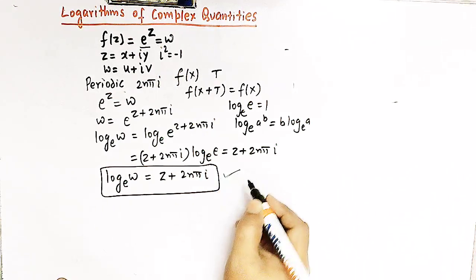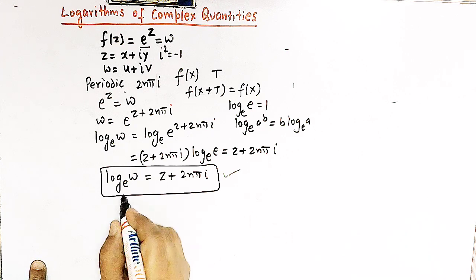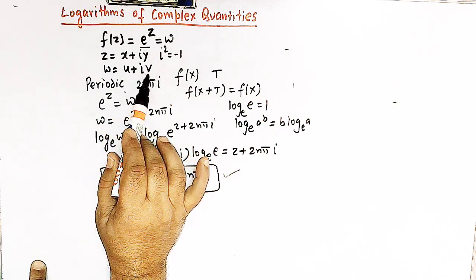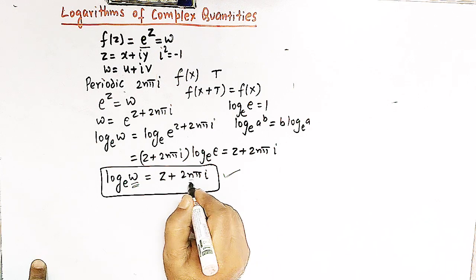From this expression, we can conclude that the logarithm of a complex quantity w, which is of the form u plus iota v, has an infinite number of values, because it depends on n.